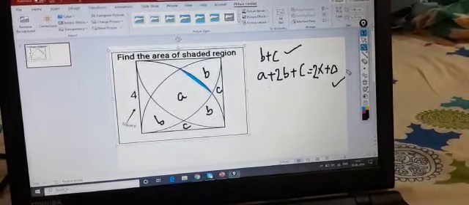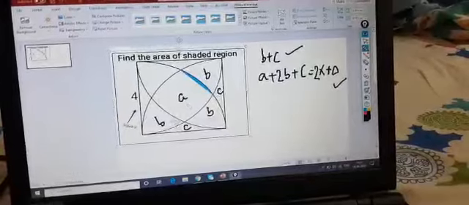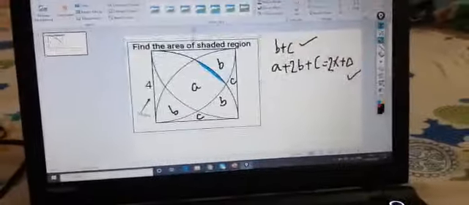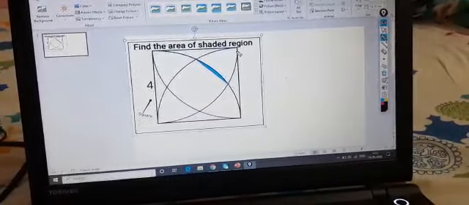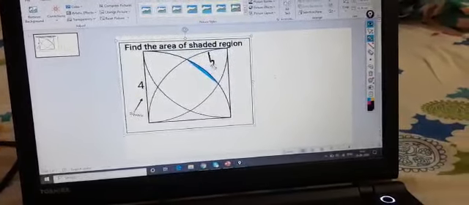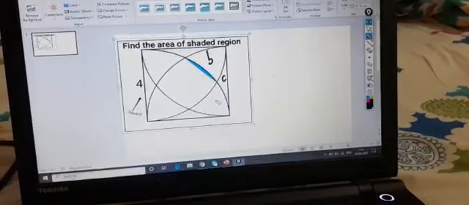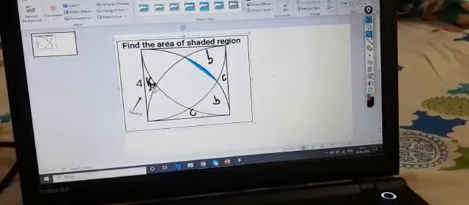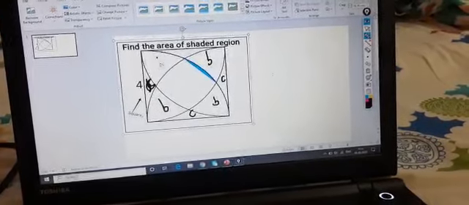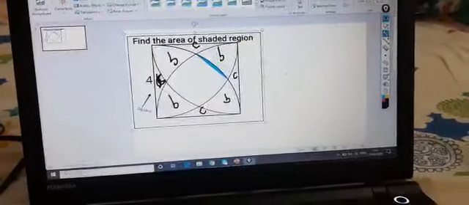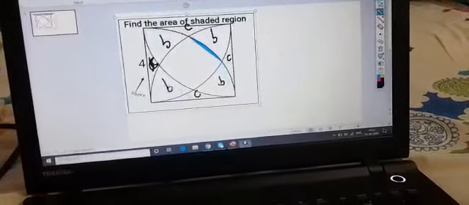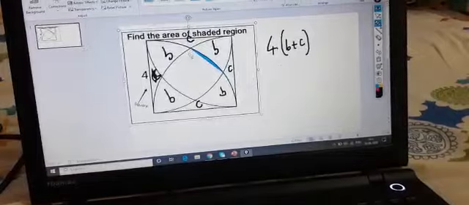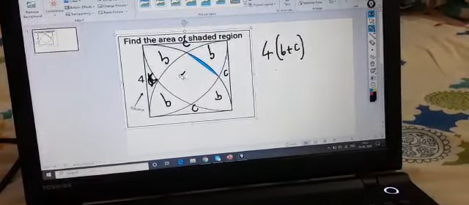So this also I have. Now let me try to give some more clarity here. So you have BC, again you have BC, you have C and D, B and C. So now all are equal, so you have 4 times B plus C plus area of this inside part.